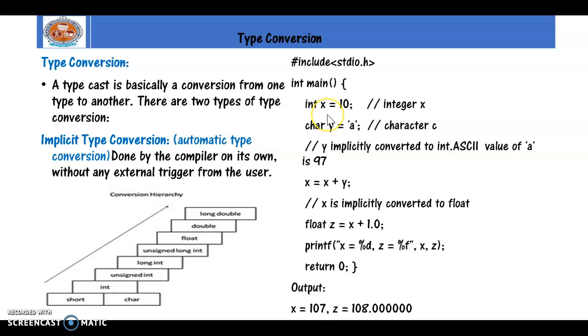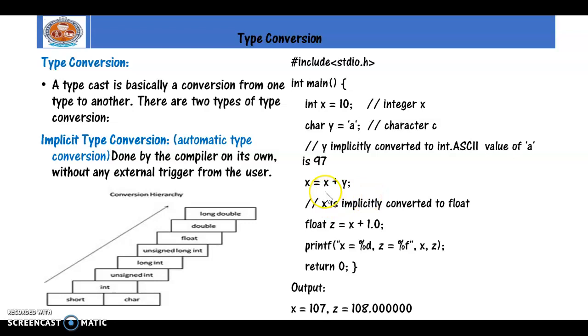Here I'm taking an integer value x equal to 10 and a character value a, right? The ASCII value for this a is 97, and I'm trying to add these both. So how much memory is needed for an integer variable? 2 bytes of memory. How much memory is needed for a character variable? That is 1 byte of memory, right?